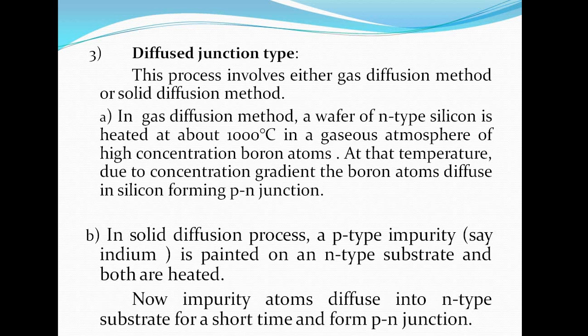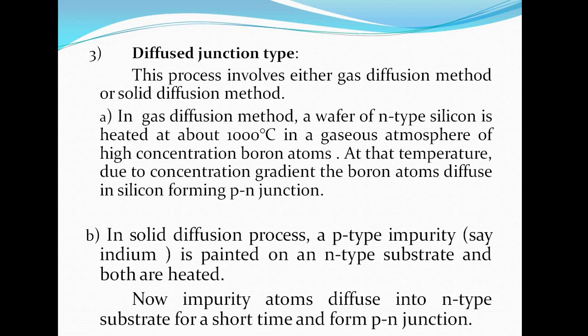Next, in the solid diffusion process, a p-type impurity is painted on the n-type substrate and both are heated. Here we take an n-type substrate, and on top of it we paint the p-type impurity.